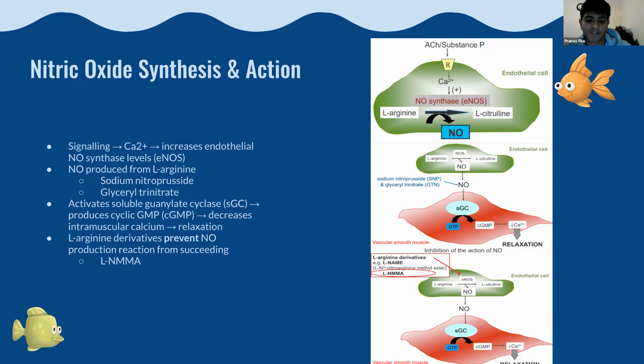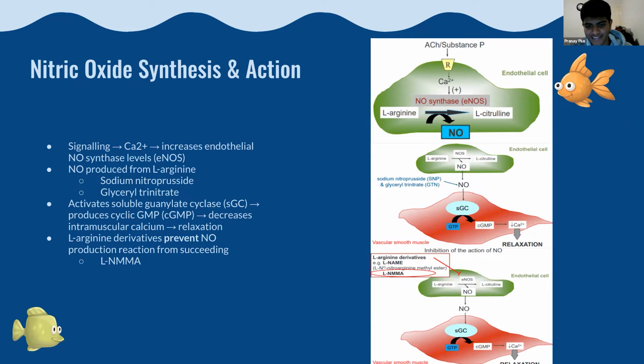GTN should be somewhat familiar to you if you've done the pharm lectures, because it's used as a treatment for angina. Now, moving on, basically what nitric oxide does is it activates soluble guanylate cyclase and produces cyclic GMP. This is really semantics, but it decreases intramuscular calcium and leads to relaxation in the end, which is what's really important.